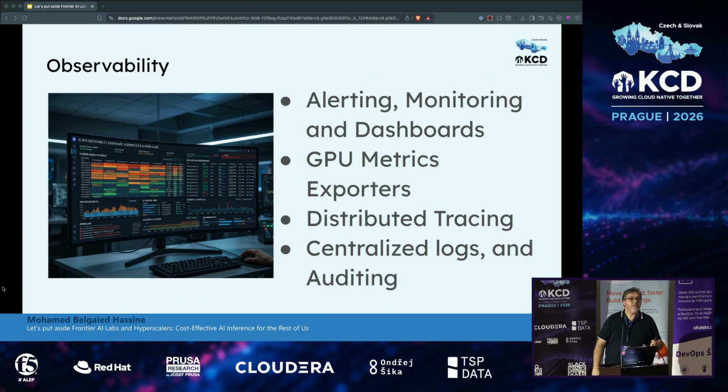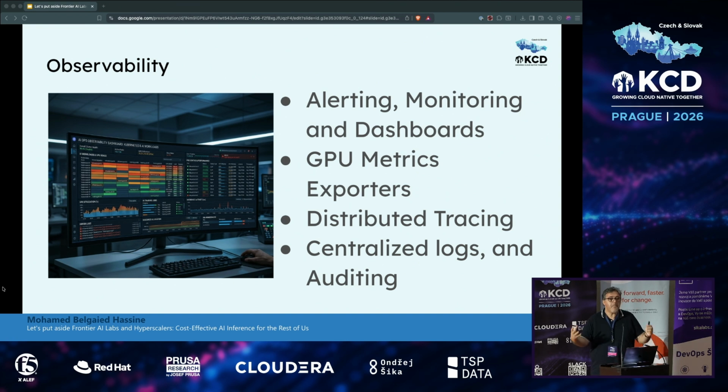Then observability. Alerting and monitoring dashboards, solutions like Prometheus and Grafana are also useful with AI inference. There are GPU metric exporters that exist for nearly all of the GPU vendors. NVIDIA has their own, and AMD has an equivalent, and Intel has also an equivalent.